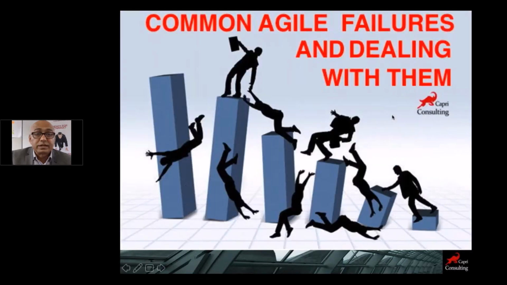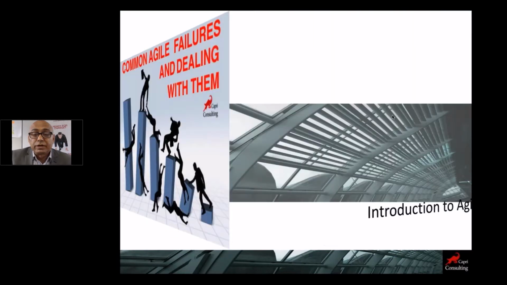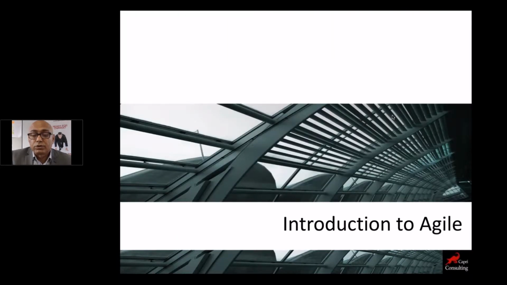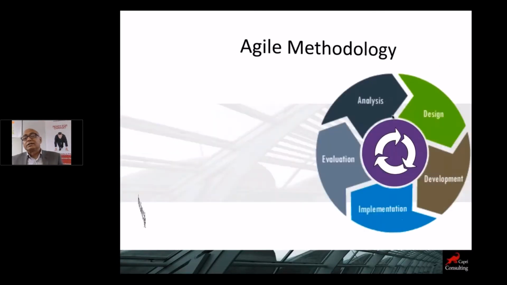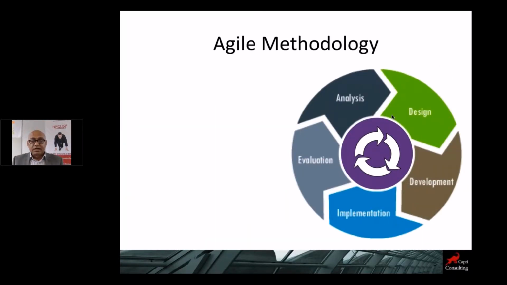So the topic, as I mentioned, is common Agile failures and dealing with them. Before I go on, let's introduce what Agile is. It's an alternative delivery method which helps you deliver new projects. It could be a new product development, new software, or any type of project.